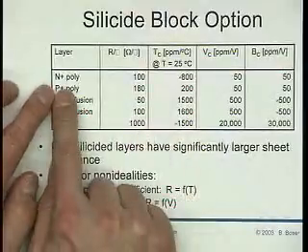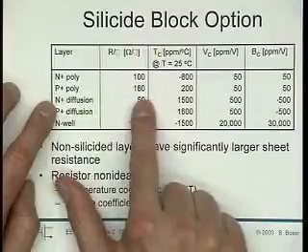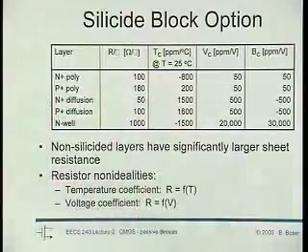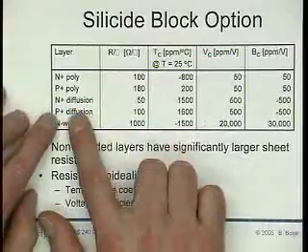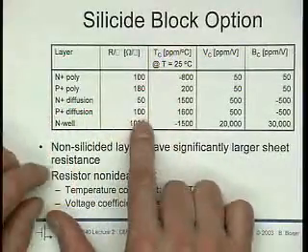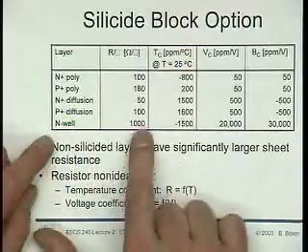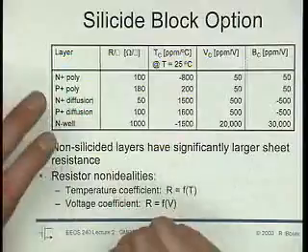And so N plus poly now suddenly is no longer 5, but it's 100. P plus poly is actually 180 again. Different doping and different mobility and so on. N plus diffusion is 50. P plus diffusion is 100. And the N well is unchanged at 1K per square. Right?